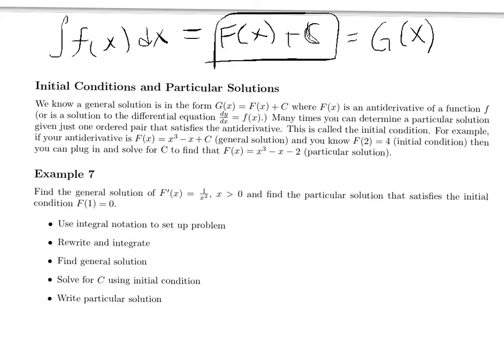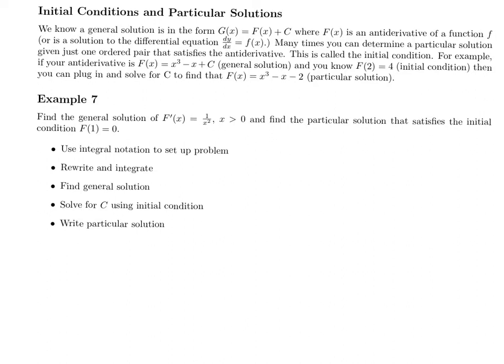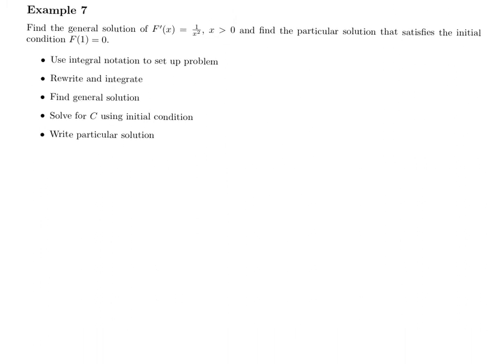Okay, so we know we have this form, f of x plus c, as our general form. A lot of times, if we just have one point, we can solve for a particular solution. Okay, so let's take a look at example number 7.